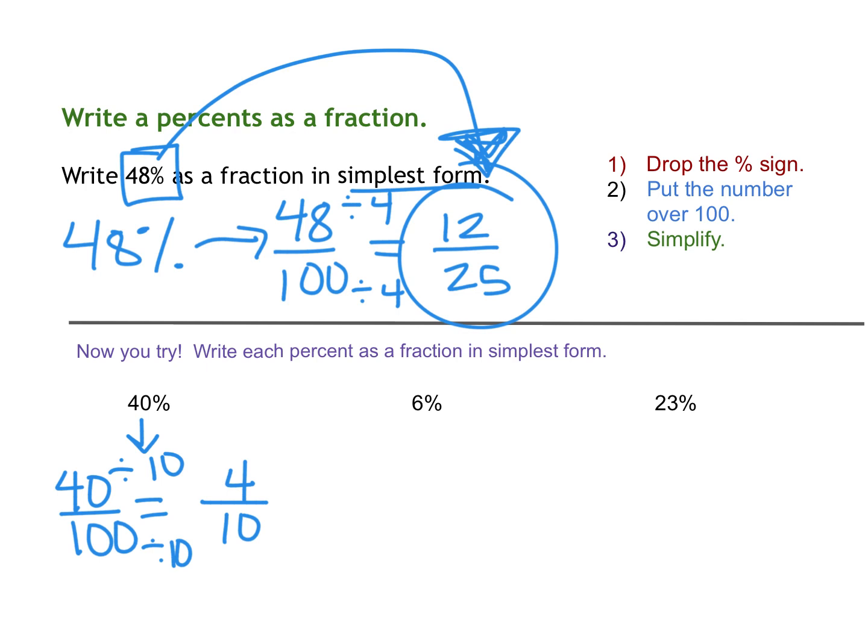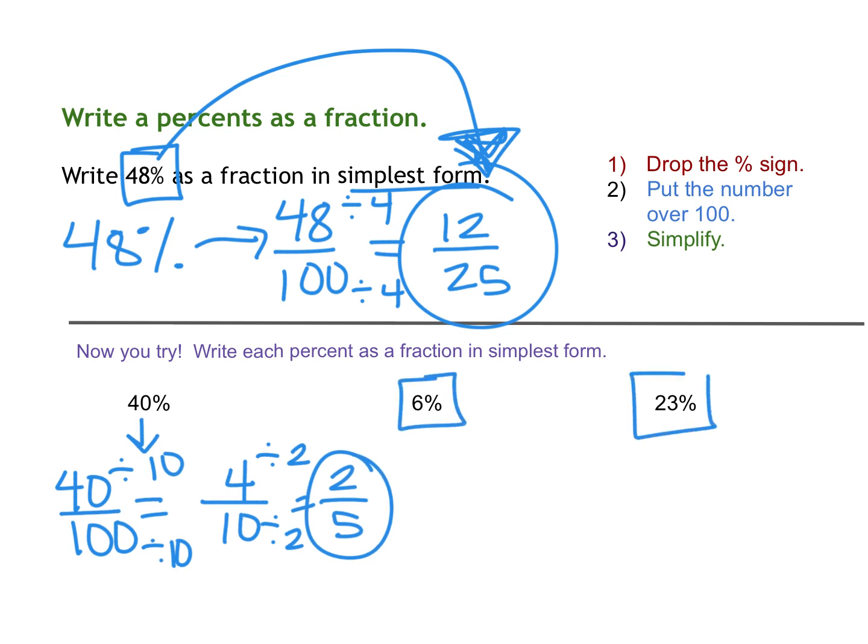They can still be simplified further, so let's divide it by 2. So 4 divided by 2 is 2. 10 divided by 2 is 5, so 2/5. Pause the video and you try 6% and 23%.